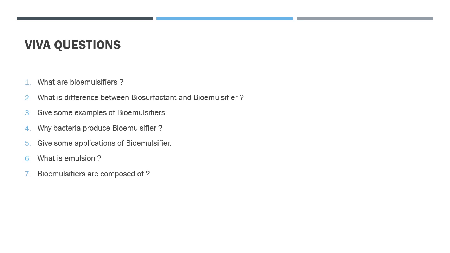Then sixth is, what is an emulsion? This is the very basic question on this topic, because first you need to know what an emulsion is, then you will study bioemulsifiers. The answer is, it is a fine dispersion of minute droplets of one liquid into another liquid in which it is not soluble or miscible.